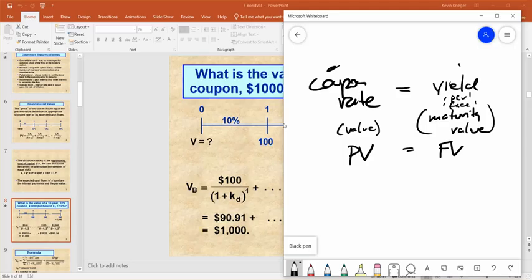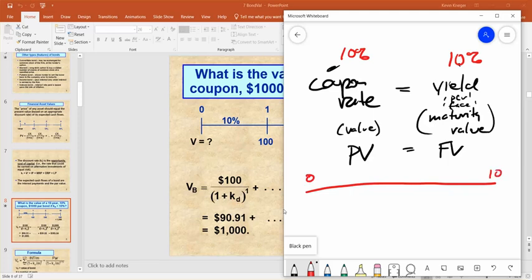Now mathematically, what does this mean? It means, like in our example, if you have a yield of 10% and a coupon rate of 10%, it means that when you go to do the math here, and this is a 10-year example, so we're going to get away from that GE thing for at least a while, $1,000, say, is lent at the beginning, repaid at the end. 10% of 1,000 is 100, right?